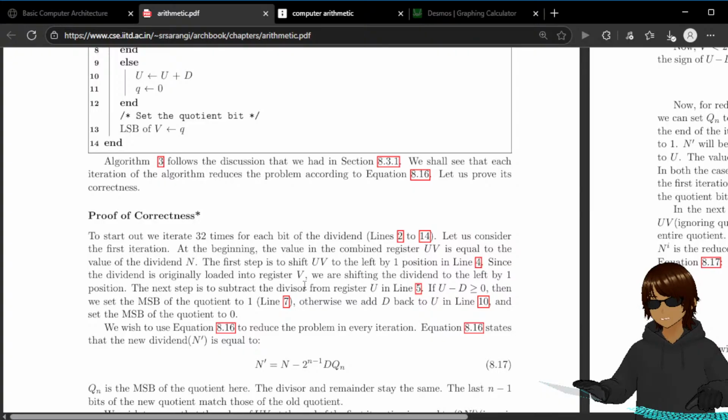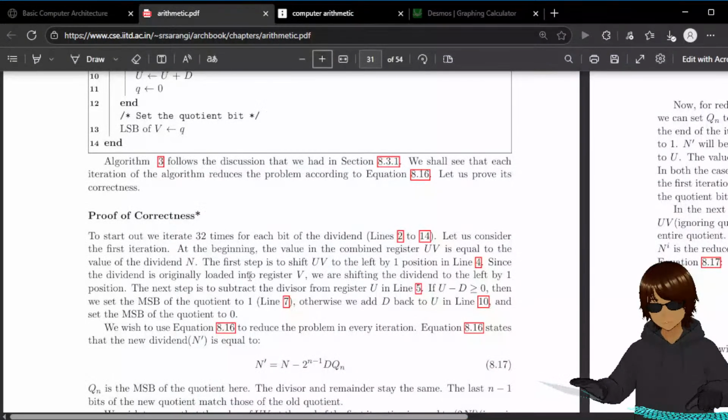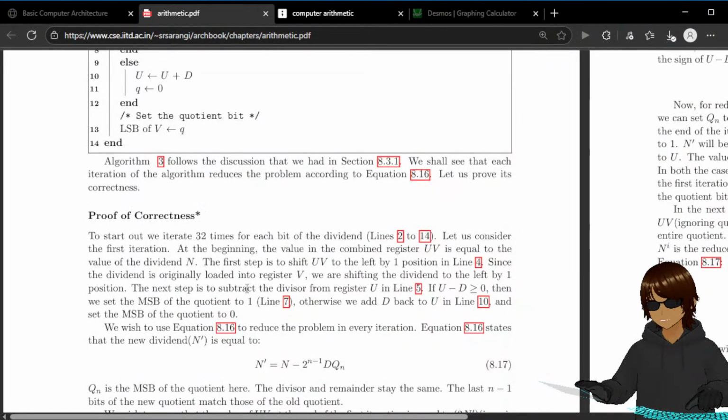Next step is to subtract the divisor from register U in line 5. So the divisor is 3, minus 3 is this over here. U minus D is 0. Then we set the most significant bit of the quotient to 1.